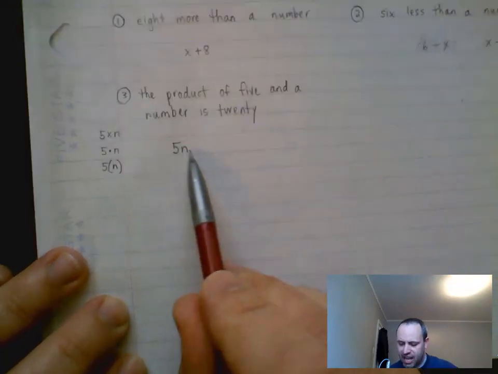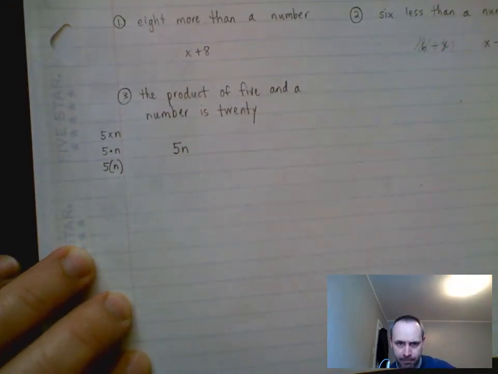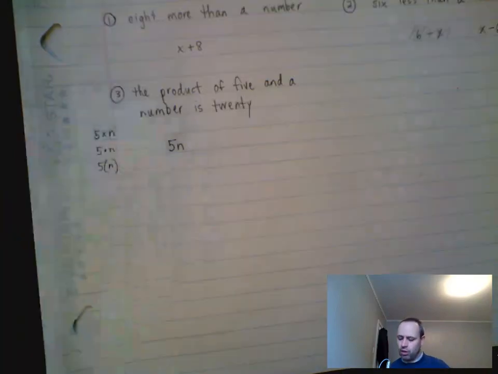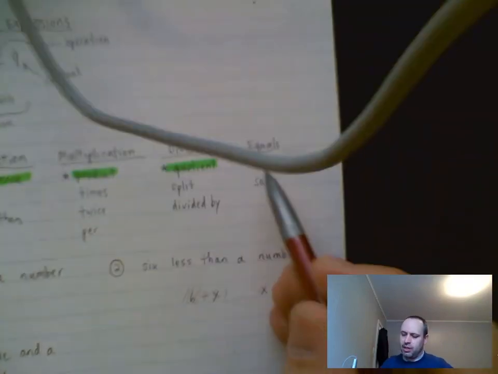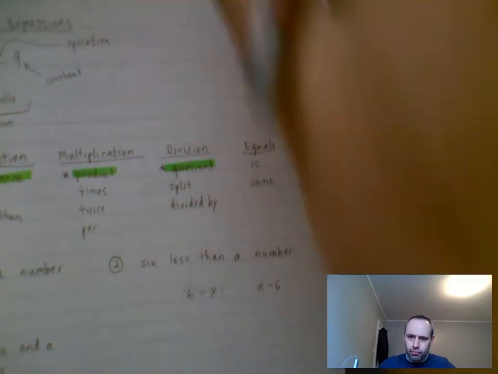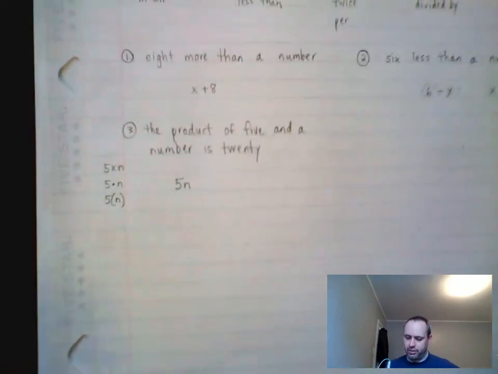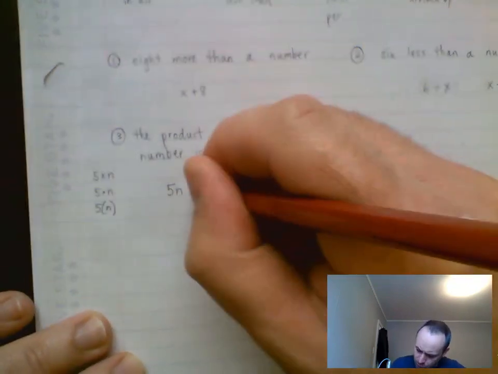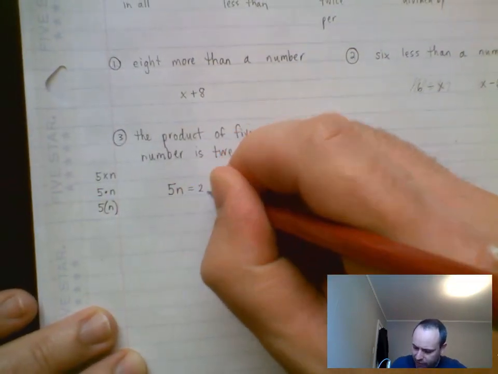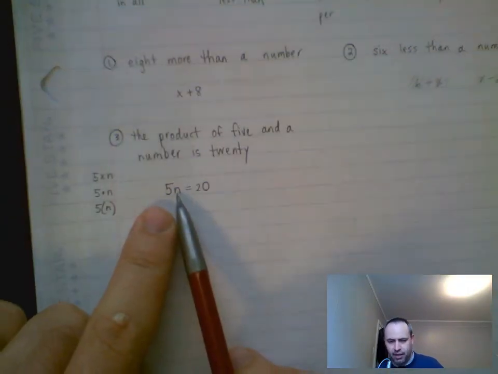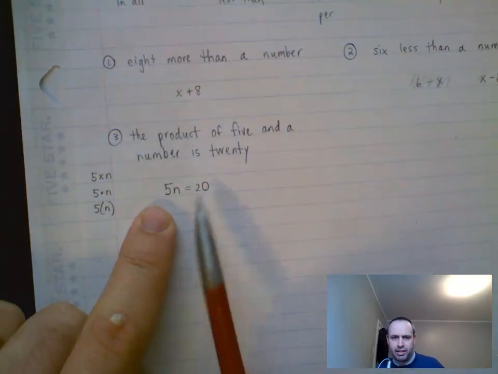But when the 5 and the n are next to each other, that means times. So the product of 5 and a number is 20. The word is means equals. So the product of 5 and a number is 20 would be 5n equals 20.